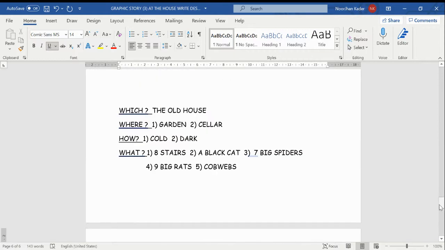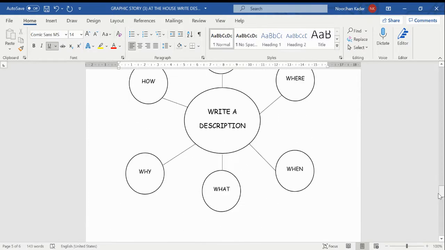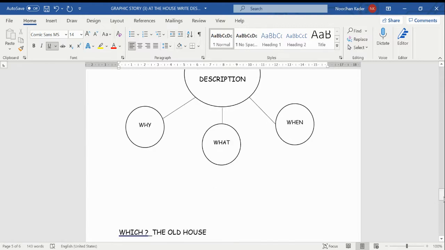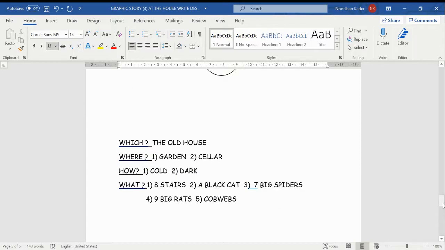Now the second question. I have arranged these questions, which we answered just now, in a way that will be more appropriate when we write the description of the old house. So firstly, it will be which, then where, then how, and what.